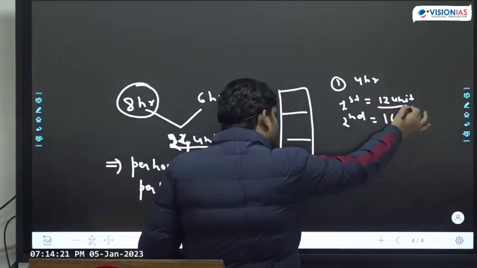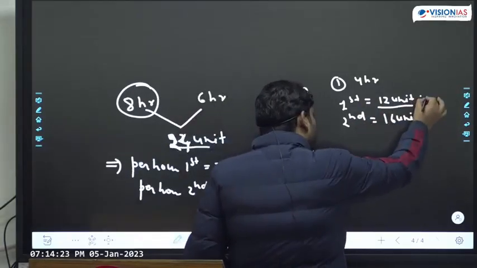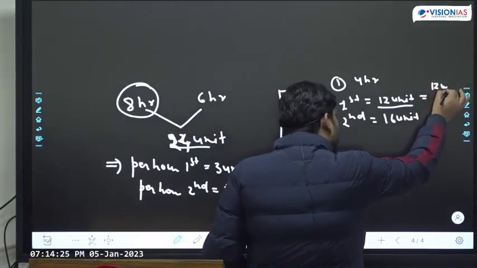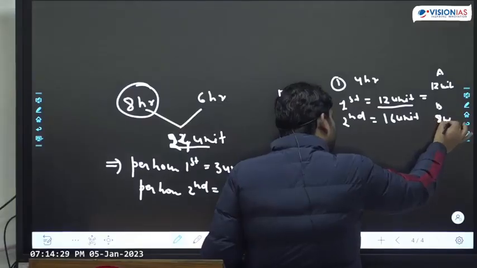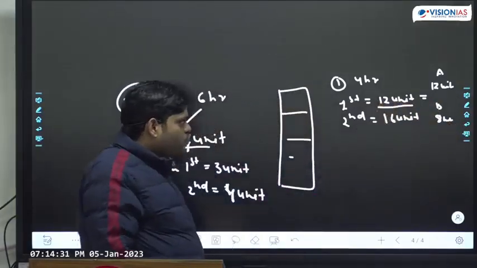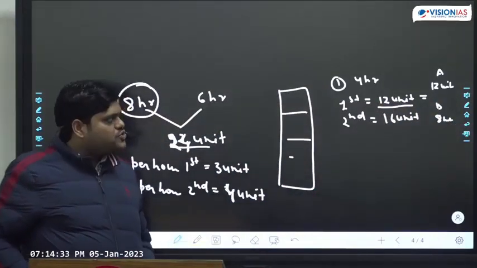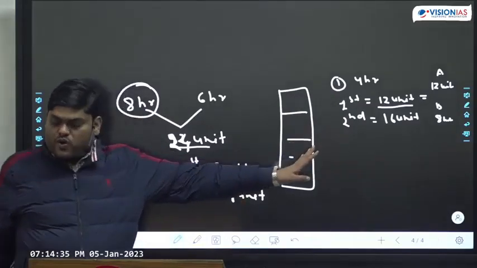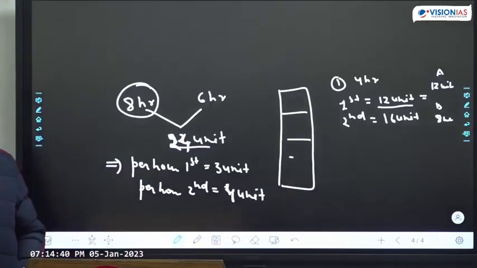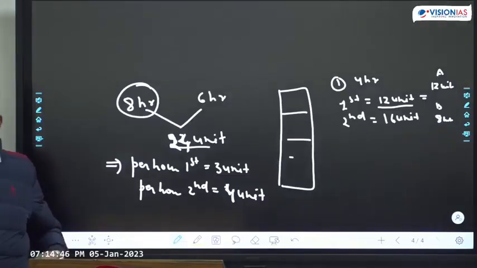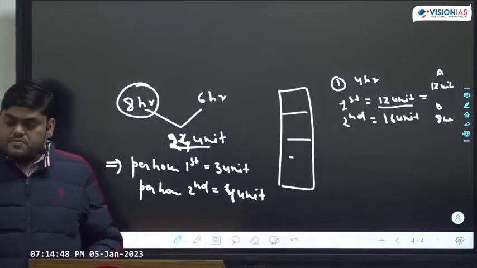So when 12 units are burned, 12 units will be left for A, and 8 units will be left for B. Can the ratio be 2:1? The ratio is not 2:1, so this option is wrong. Are you getting my point or not?